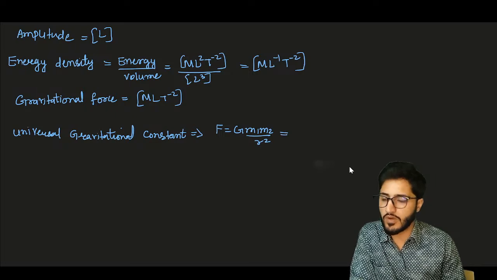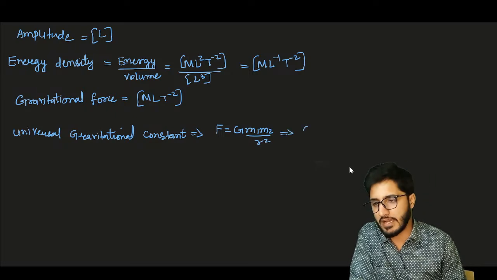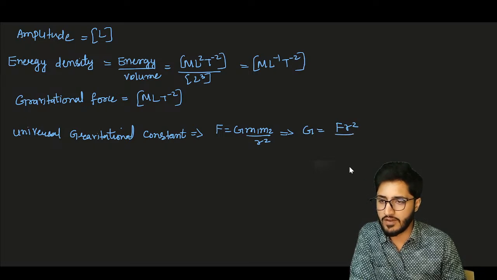So from this what we can get now? I think my G is equal to F r square whole divided by m1 m2.